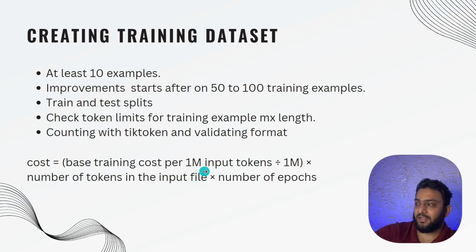You just divide that by 1 million, and then multiply that number with the number of tokens in the input file. This number of tokens you would get from tiktoken. And the number of epochs is something that you would set as a hyperparameter during the fine tuning part, right? If you do that, then you would get your cost in here.